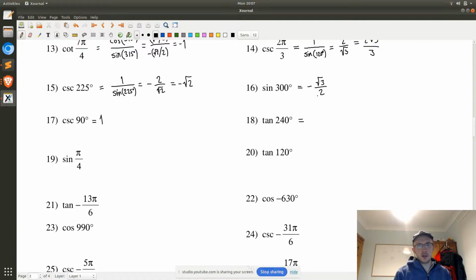Tan of 240 degrees. Sine of pi over 4. Sine of 45 degrees, that's... tan of 120 degrees.